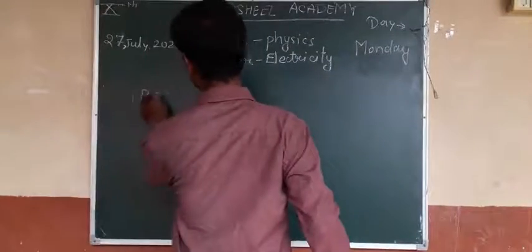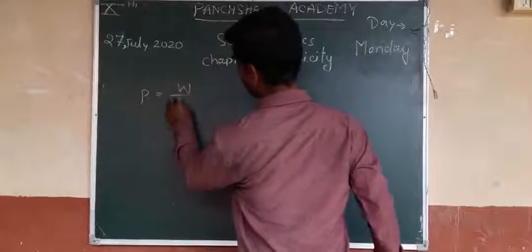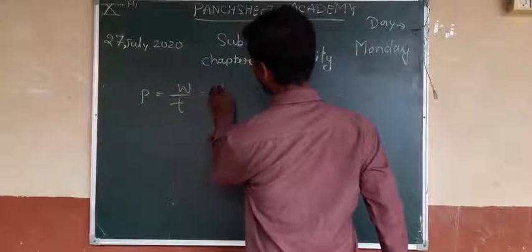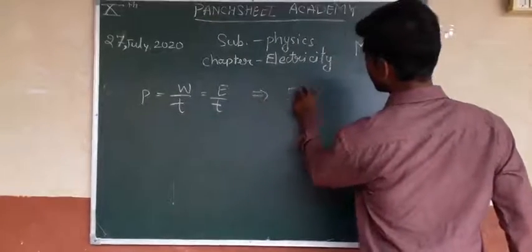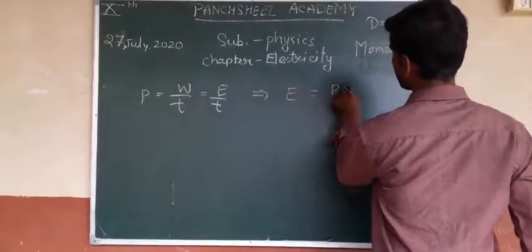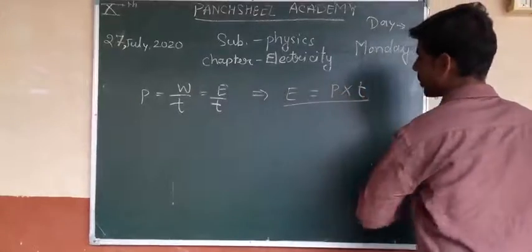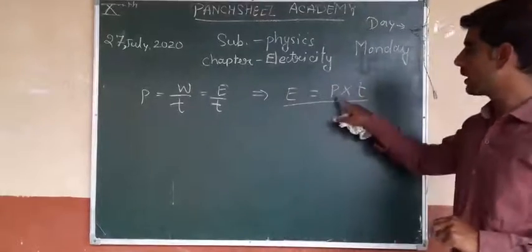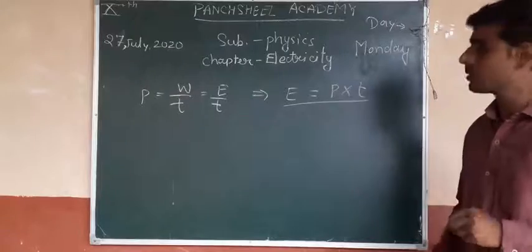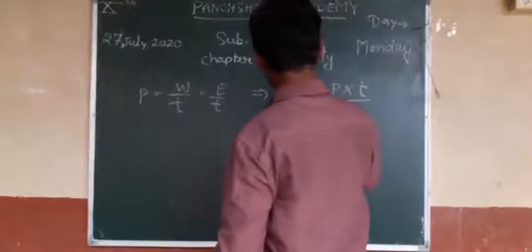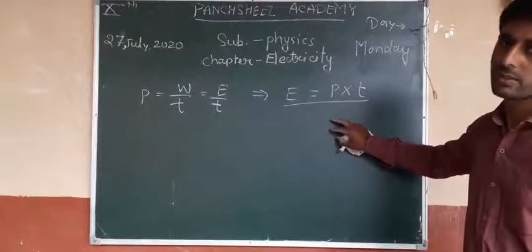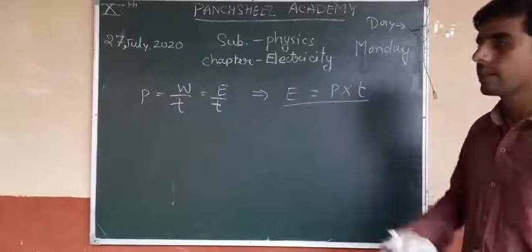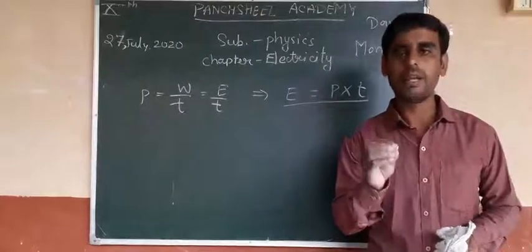Power equal to what? Work done upon time, or energy upon time, or I write here energy equal to power into time. So this energy is consumed by the electrical appliances, and the time factor is very important.